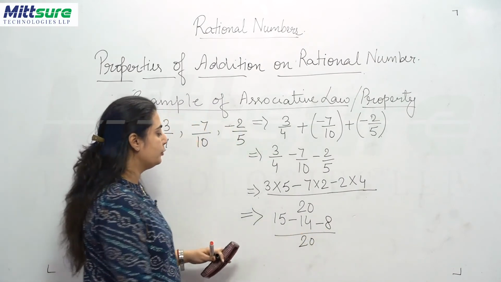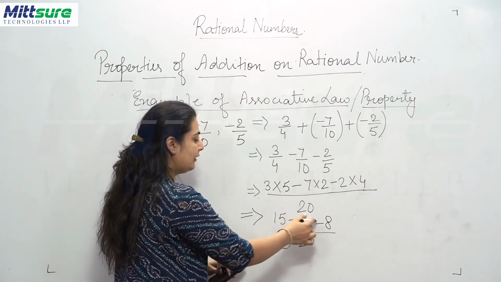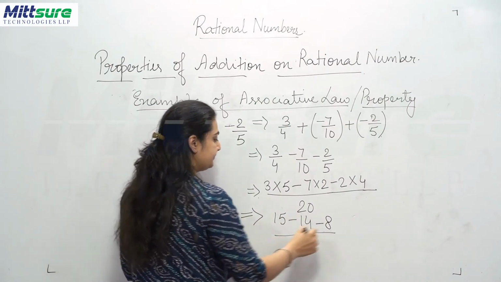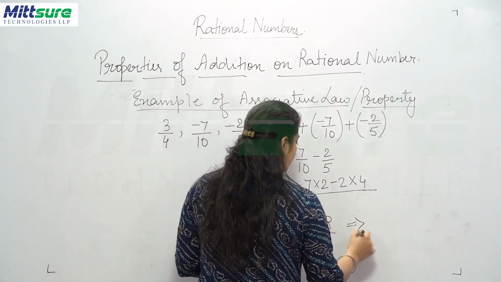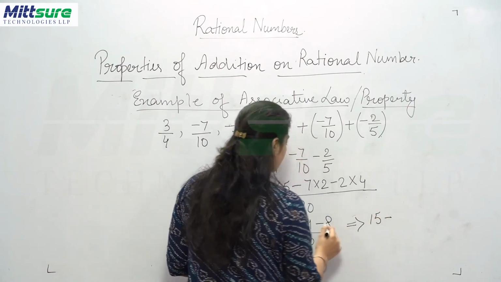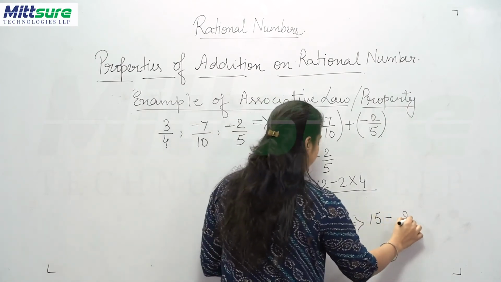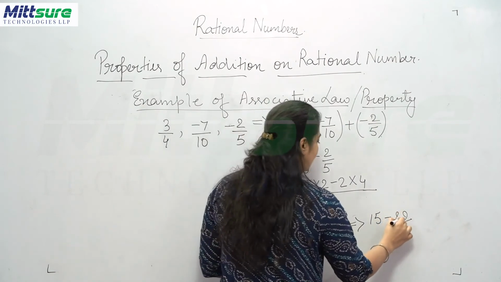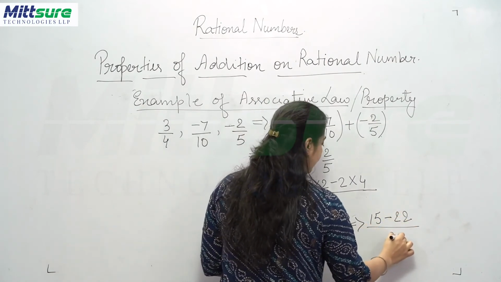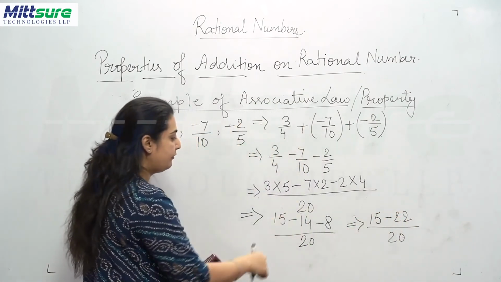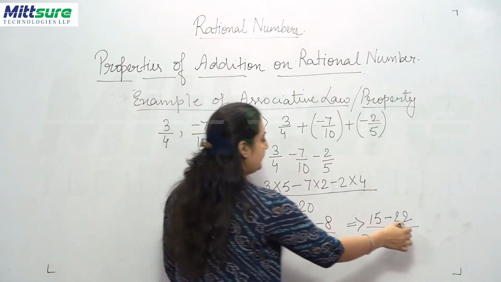Now what I am supposed to do, I will add the negative ones first. So 14 and 8, 22 upon 20. Clear? After this, I am writing here.